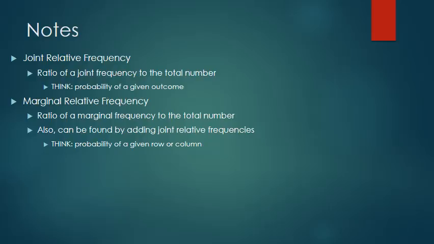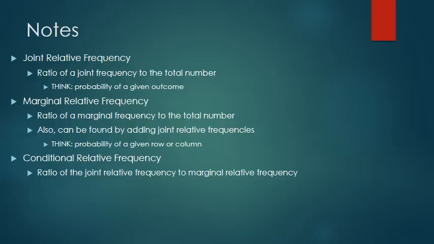Now finally, one new thing, conditional relative frequency. It's just a combination of the two things above. What it is doing, it's a ratio. Remember, like I said, ratio is a fraction. It is division. It's the ratio of the joint relative frequency, that's the first thing in these notes, to the marginal relative frequency, the second thing in these notes. So basically, let's talk in terms of example one.